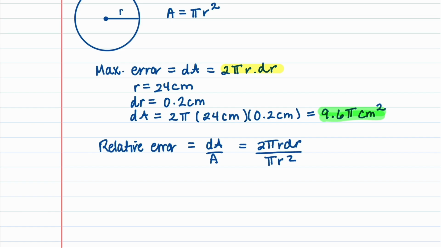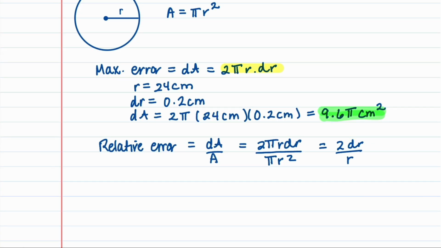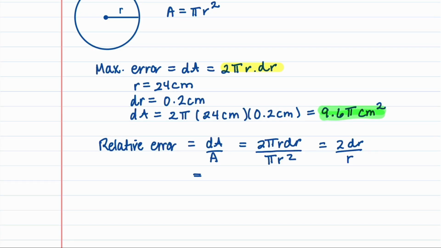So one of the r's cancels, the pi's cancel. So we end up with 2 dr in the numerator and then r in the denominator. We have 2 times dr, which is 0.2 centimeters, all divided by r, which is 24 centimeters, which gives us a relative error of 0.0167.